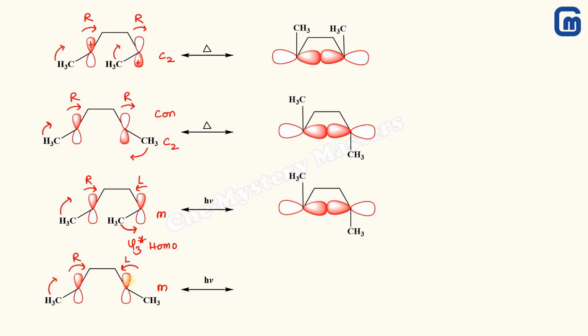Along with them, the substituents will also move in the same direction where these orbitals are moving, and you will see that these two substituents move in the same direction to give you the cis type of arrangement. So this is how the ring closing reaction happens in the case of the 1,3-butadiene molecule.